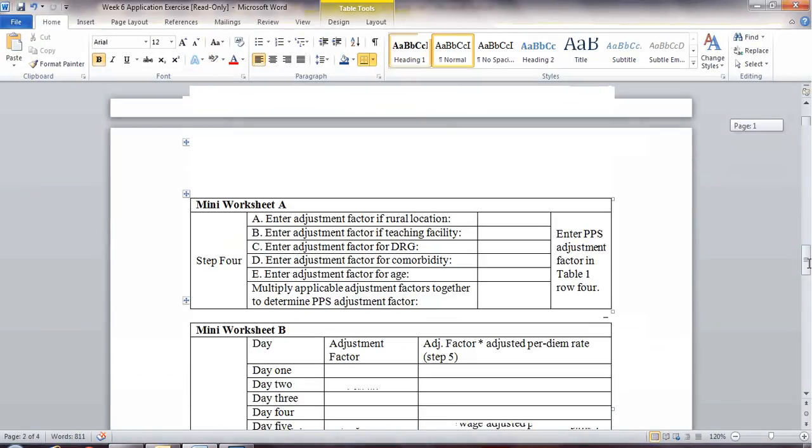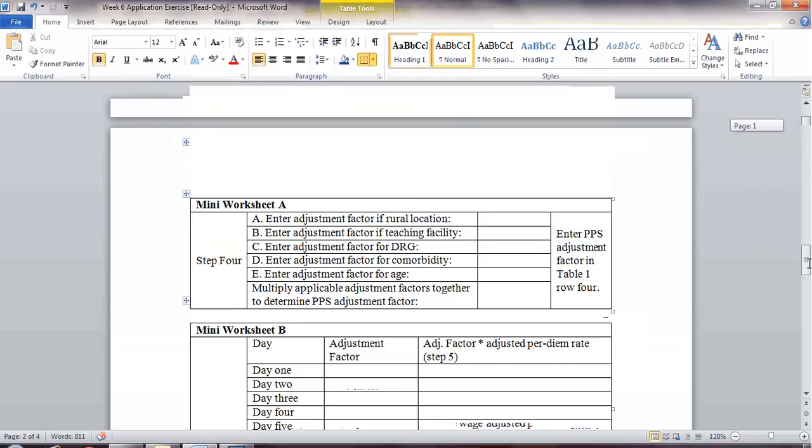Okay, so our first step in the mini worksheet is to enter the adjustment factor if this is a rural location. Well, we know from our information in Figure 1 that it is a rural location. The classification is rural. So the information for the adjustment factor, although they are defined in the textbook, the given rate is not listed.